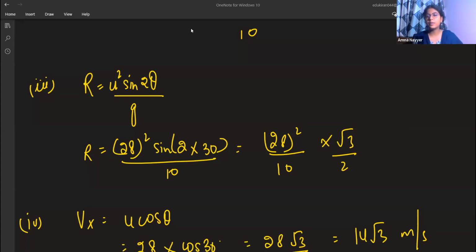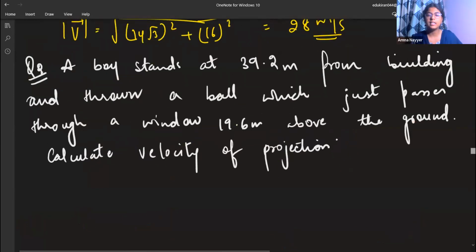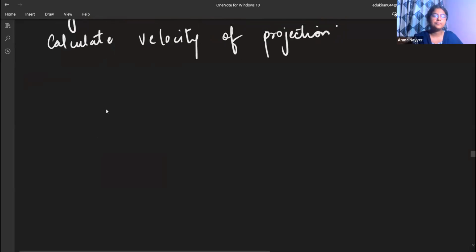One last question I want to discuss with you for today's class. This question says that a boy stands at 39.2 meters from a building and throws a ball which just passes through a window 19.6 meters above the ground. Calculate the velocity of projection.